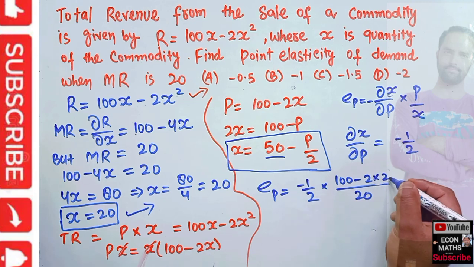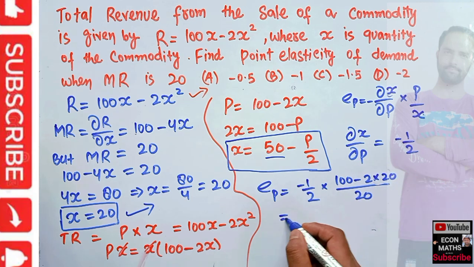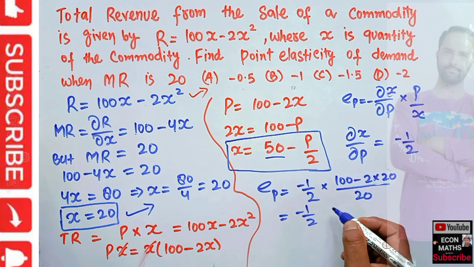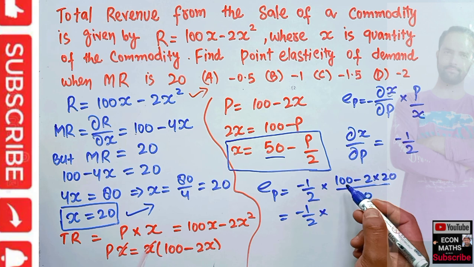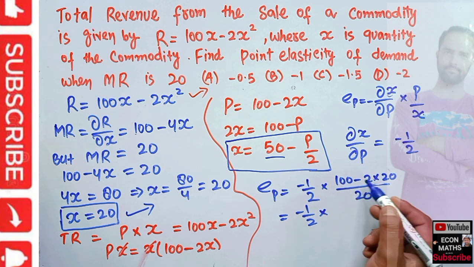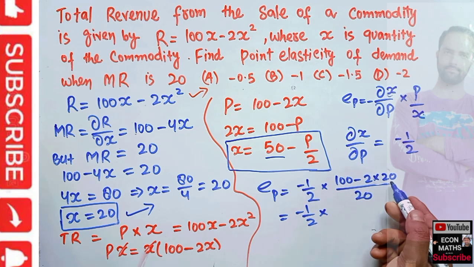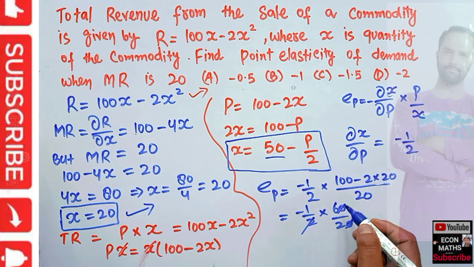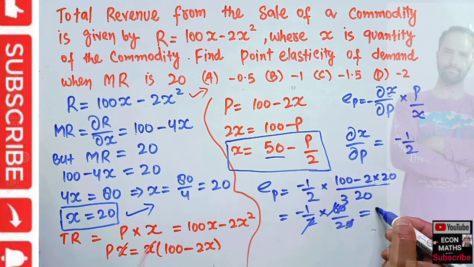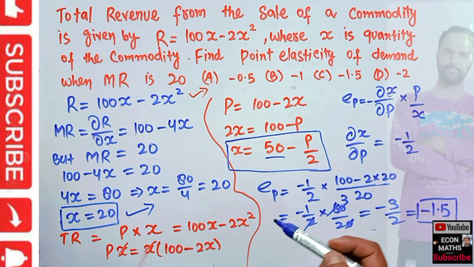So we have minus 1 upon 2 into 100 minus 2 times 20, which is 40, so 100 minus 40 comes out to be 60, upon 20. This gets cancelled. 2 ones are 2, 3 twos are 6. We got minus 3 upon 2, which comes out to be minus 1.5. This will be our point elasticity of demand.